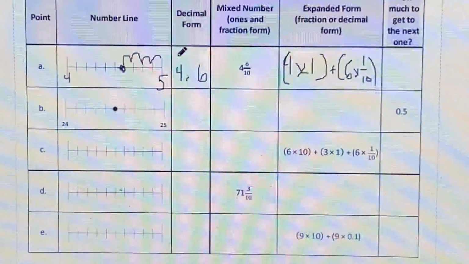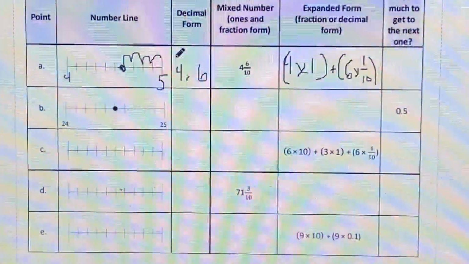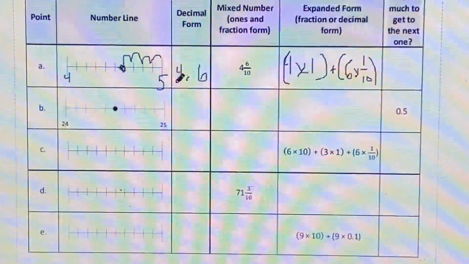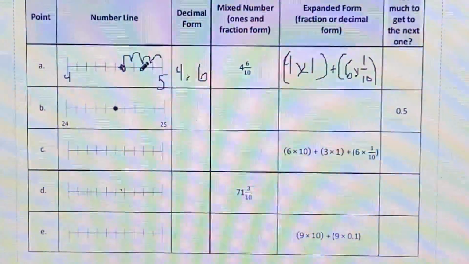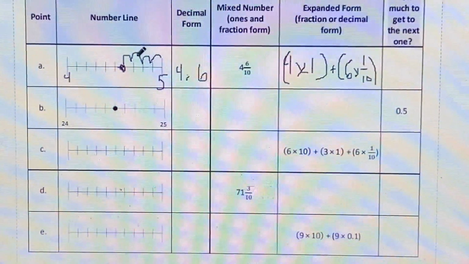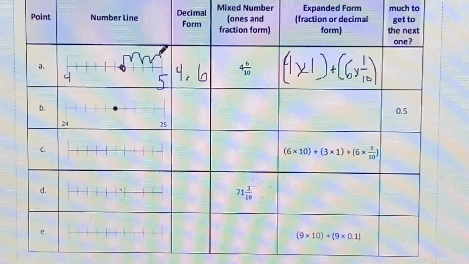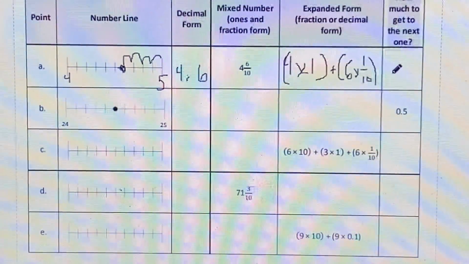Now, it was 4 hops, but it's not exactly 4 as a whole number, right? That wouldn't make sense because what we're doing is counting by tenths. So I'm going to recount that as tenths. 1/10, 2/10, 3/10, 4/10. Oh, that's easy. I know what it looks like.